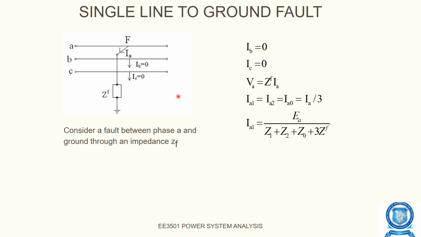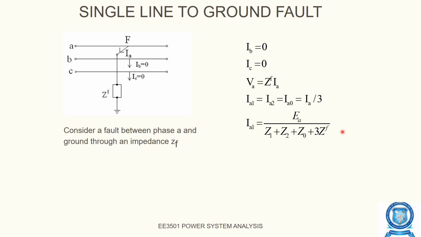And IA can be represented by the positive, negative, and zero sequence components IA1, IA2, IA0, which are each equal to IA by 3. So IA1 is equal to EA divided by Z1 plus Z2 plus Z0 plus 3 ZF. This is how the fault current is calculated.